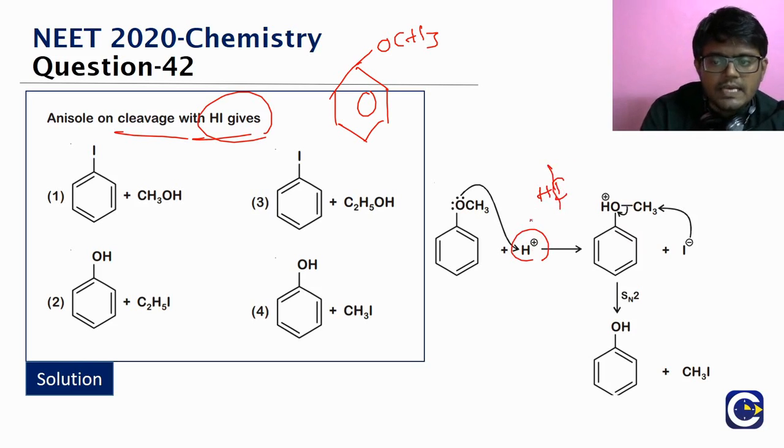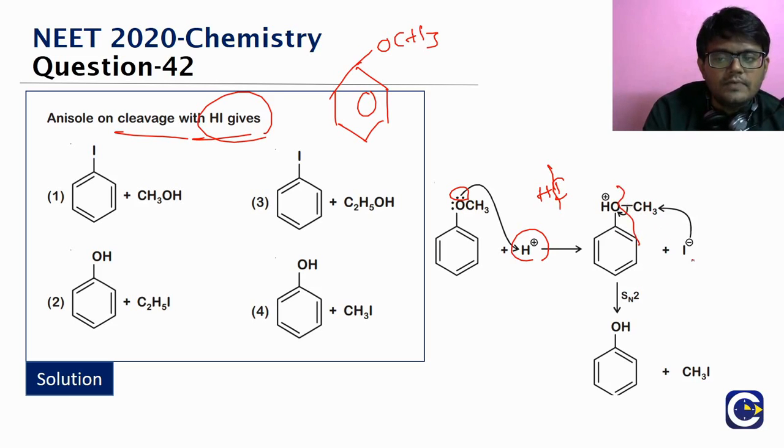The H plus will attack the oxygen, because oxygen is a nucleophile, because it has lone pair of electrons. The H plus is added to the oxygen, and then through SN2 mechanism, the I minus will be able to substitute the group that is attached to the oxygen, that is the methyl part.